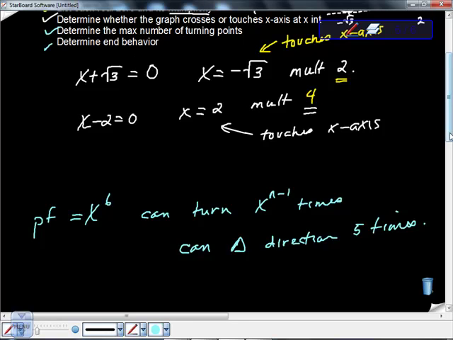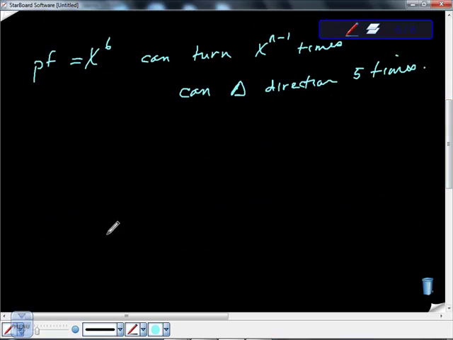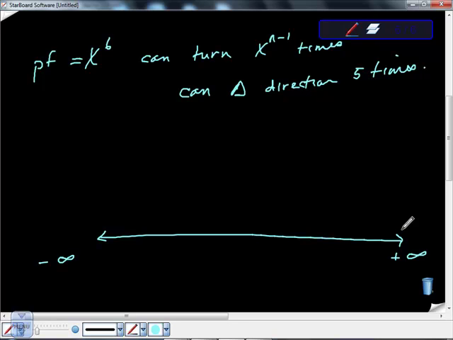The last thing says determine the end behavior. The end behavior is what happens way out here. Let this be the x-axis, with negative infinity and positive infinity at the ends. We know our power function is x to the 6th power, and its general shape is semi-parabolic. It comes down like this and gets kind of flat looking here.